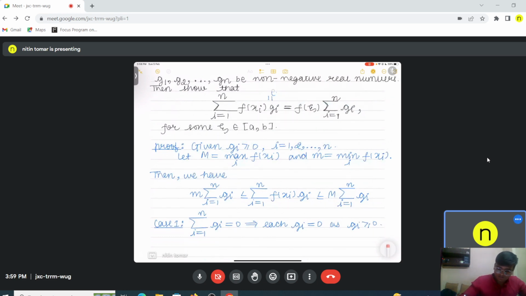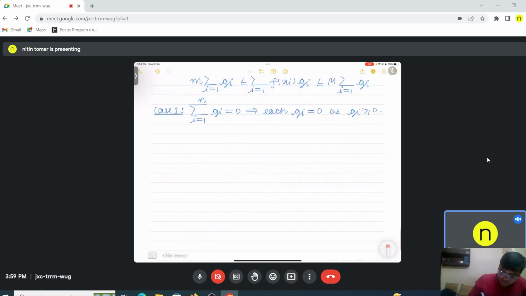So summation f of xi gi is 0, which is the same as f of x times summation gi, and this will hold for every x in [a, b].